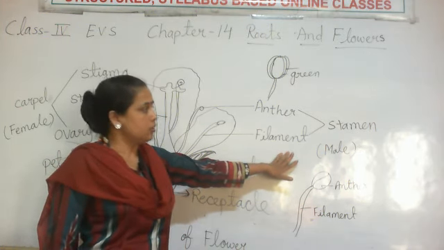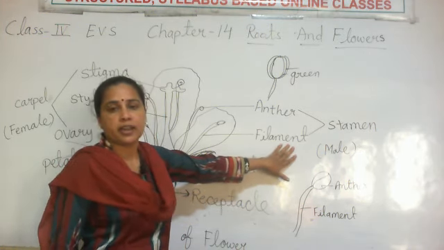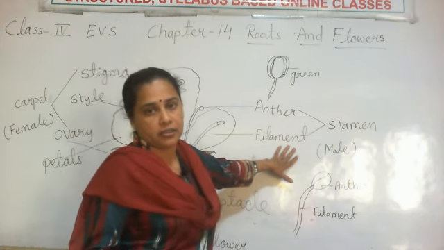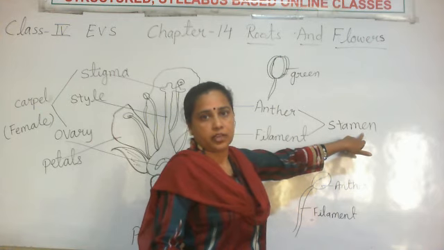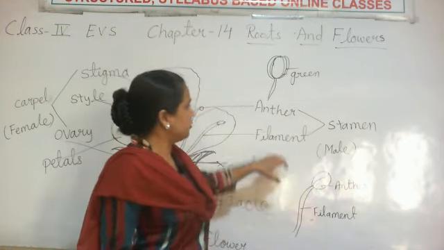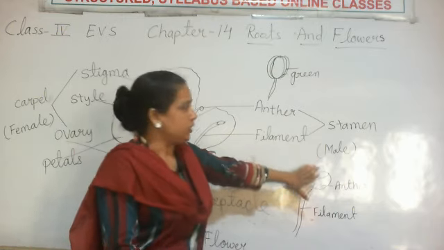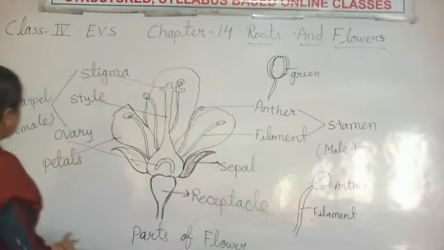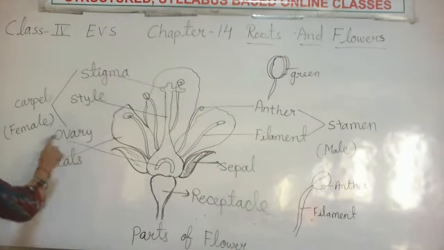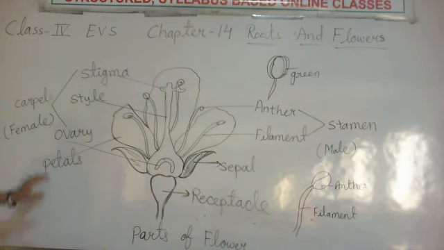Clear? Those parts come together and make the male part, that is called stamen. And here 1, 2 and 3 parts come together and make carpel.